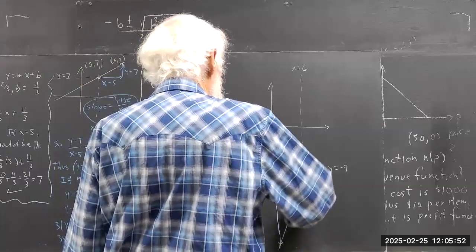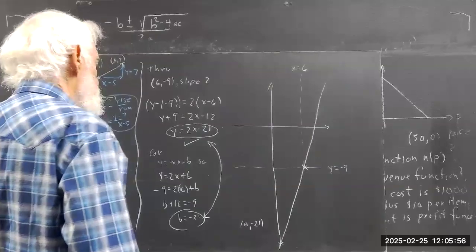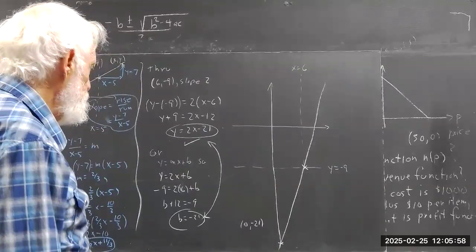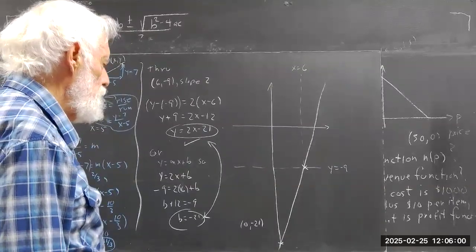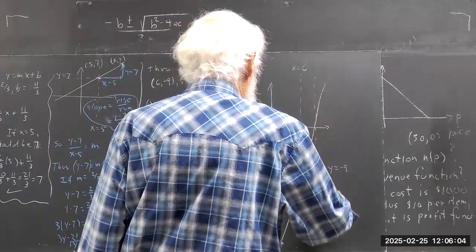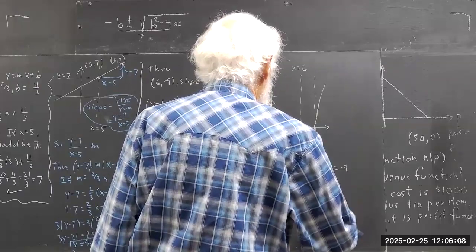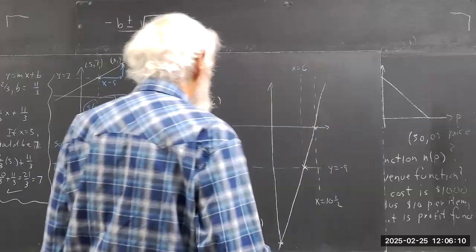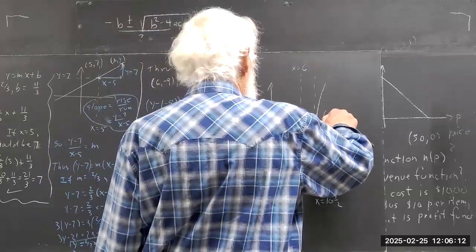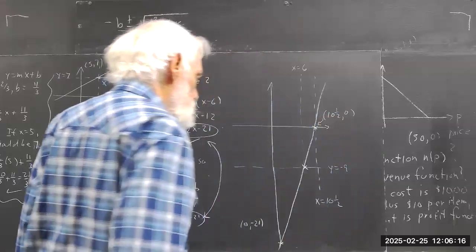Our graph goes through here. Okay, yeah, I'm looking at the wrong number. The x-intercept is 10.5, 0.